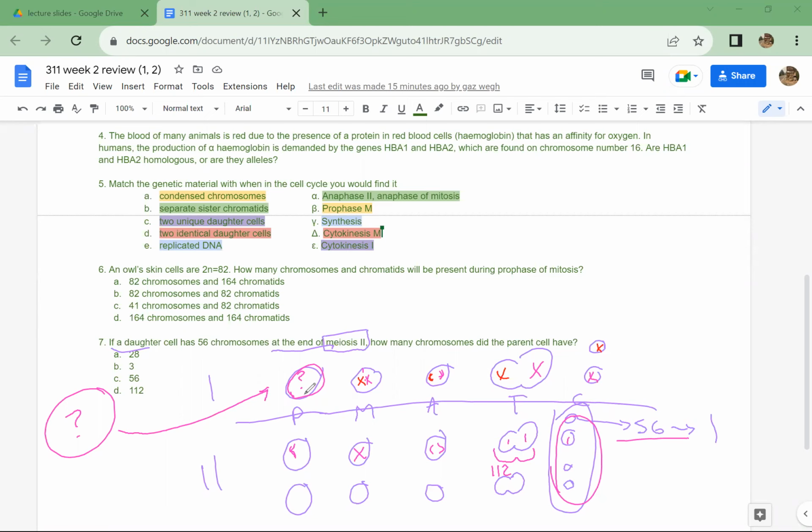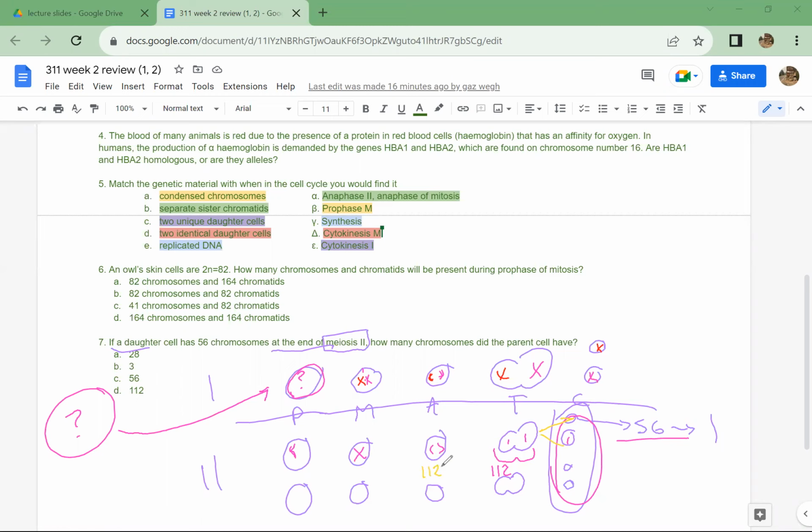I don't have the right answer as an option, but let's talk about it. So we had 56 chromosomes in a single daughter cell. But before they split into their individual cells, I'm going to start using another color because this is already looking like a mess. Before they split into the two daughter cells, we had 112 chromosomes here still.